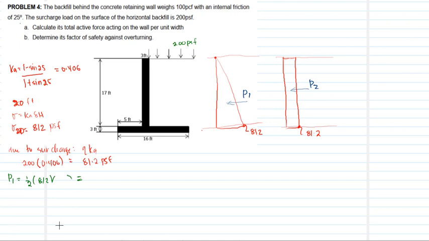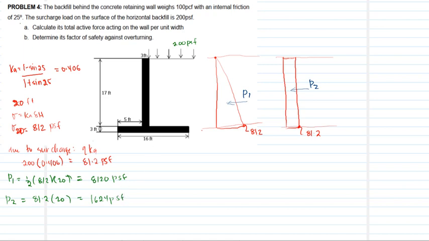So, times 20, ang value natin dito sa P1 is equal to 0.5 times 812 times 20. This is equal to 8120 PSF. And for our P2, that is equal to 81.2 multiplied by 20. That is equal to 1624 PSF.